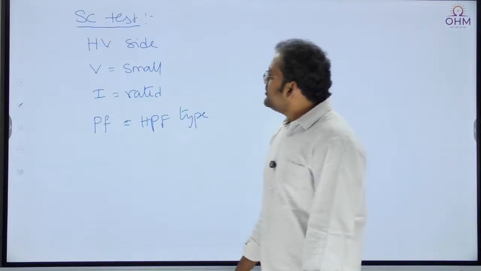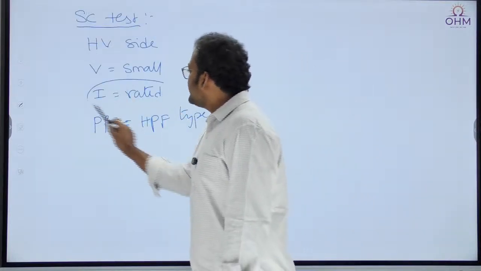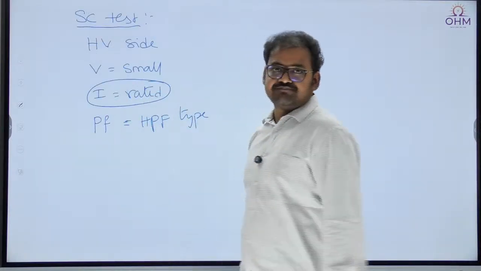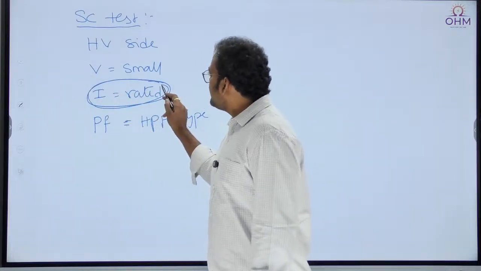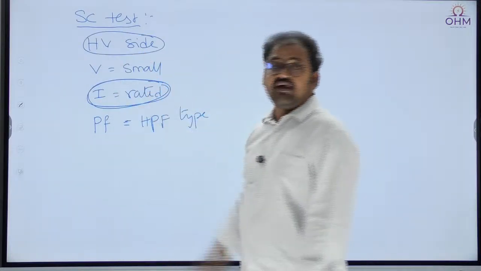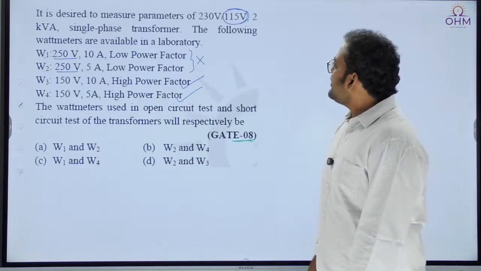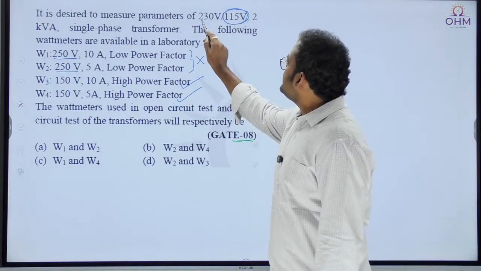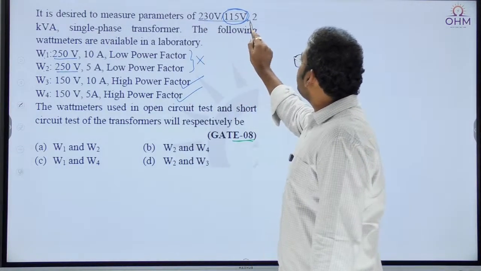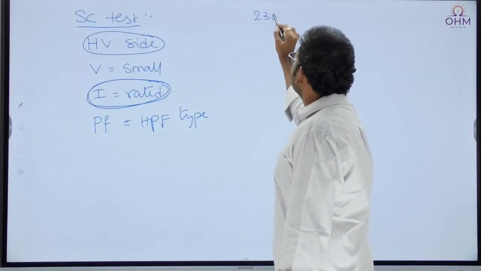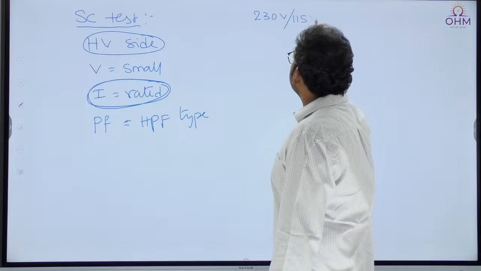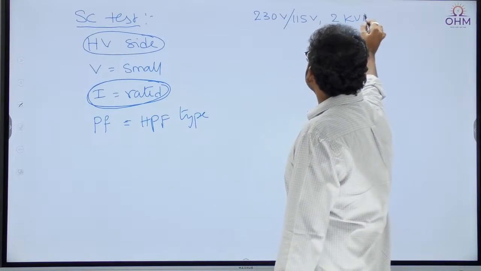But as I mentioned, during SC test, current is the rated value, guys. Voltage is negligible. So let us calculate the rated current of the transformer, that too on HV side. If I go back to the ratings, it was a 230 volt by 115 volt, 2 kVA transformer.